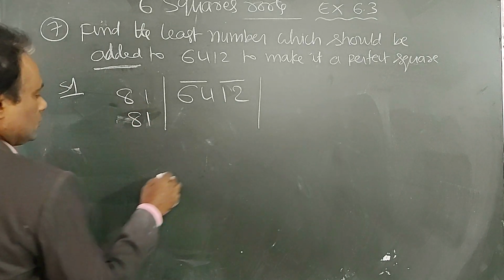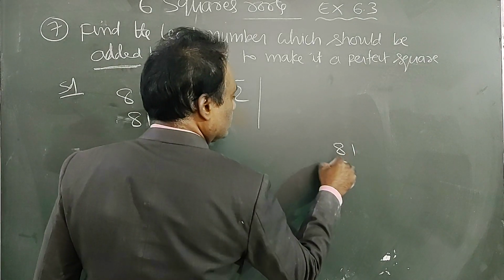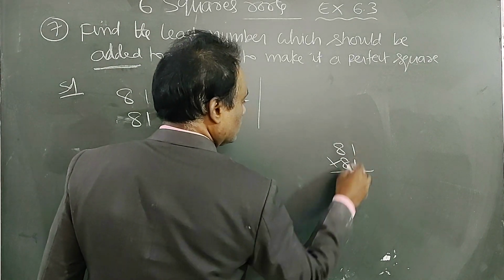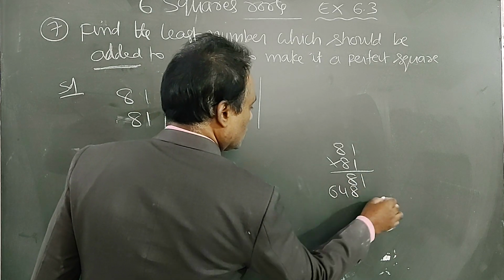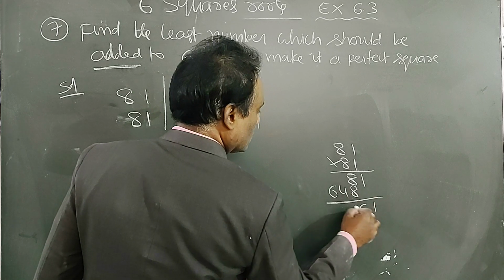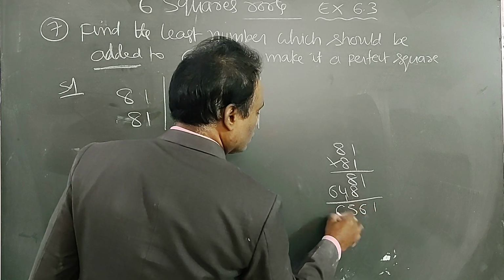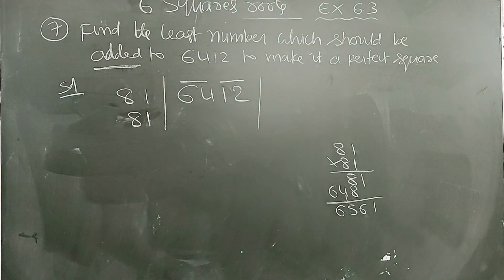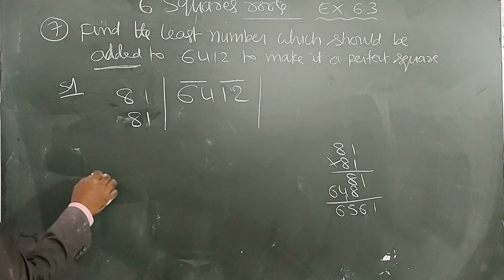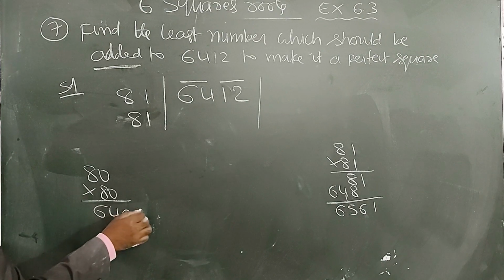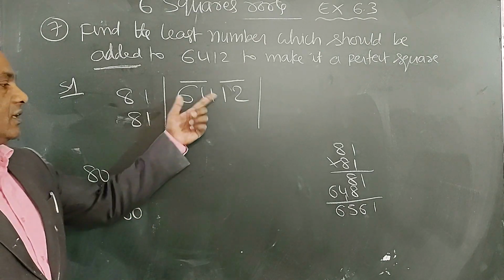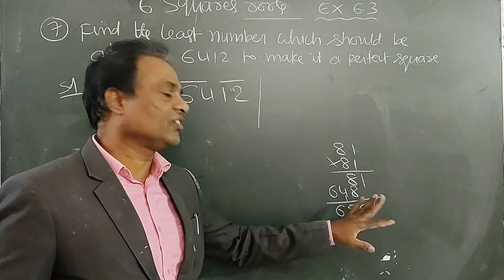One into one, multiply here. 6, 5, 6, 1. So two possibilities. 80 into 80 is 6400. It is near to it. 81 into 81 is 6561.